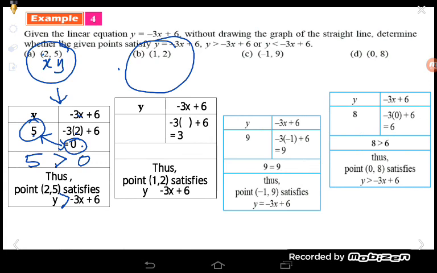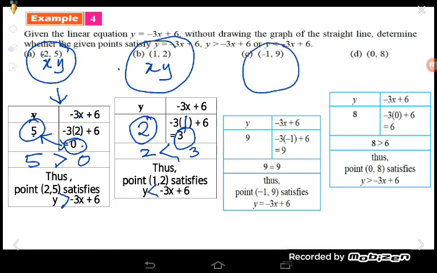Okay, for 2, 1, this is your x, this is your y. So your y you write here 2, your x you put 1, so you get 3. So 2 and 3, what do you see? 2 is less than 3. Thus, point 1, 2 satisfies y less than -3x + 6.